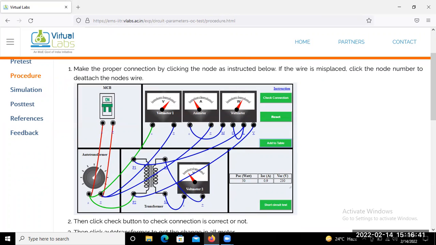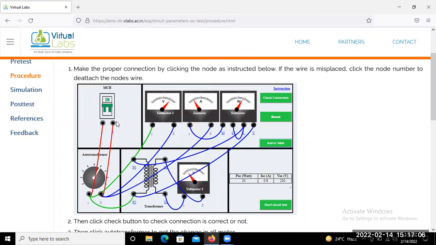You will find one single phase transformer. Okay. One voltmeter, one ammeter, and one wattmeter. I already showed in the circuit diagram how we connect them. Okay. And one single phase auto transformer, you may find here.